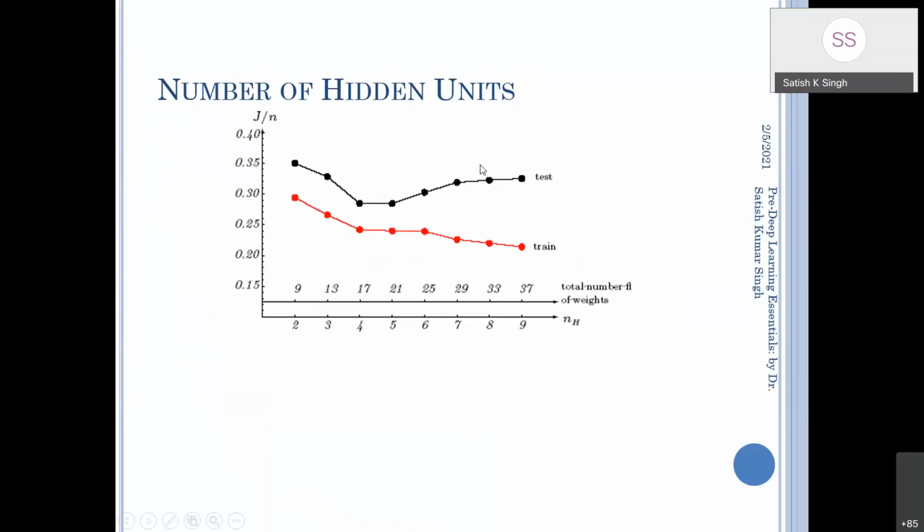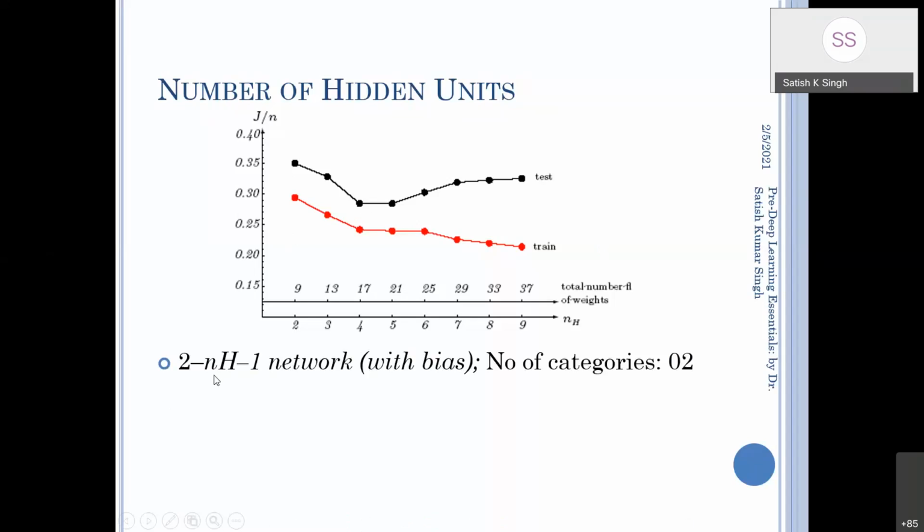So how many hidden units must be used? Is there any rule, or is it a hit and trial method? Some experiments have been done, and on the basis of these experiments, a thumb rule has been formed regarding the number of hidden units. Consider a 2-NH-1 network with bias.